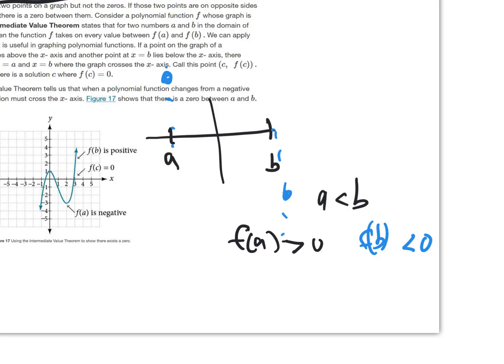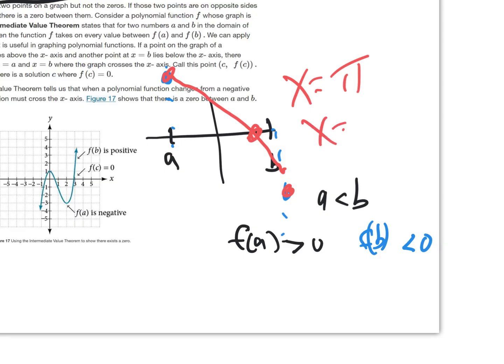Tell me why I have to have 1 zero. How do you go from here to here without crossing the x-axis at least one time? That just proves you have to have a 0. I don't know what it is. It could be x equals pi. That would be very hard to find.